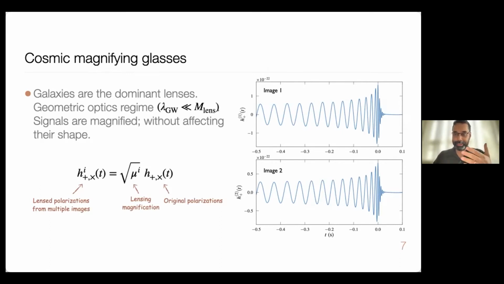And it is practically impossible to tell whether that signal is magnified or not, because a distant signal that is magnified would practically look the same as a nearby gravitational signal. So essentially, they would appear as a compact binary coalescence happening in our nearby universe.